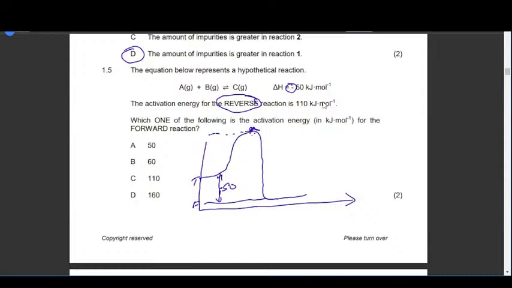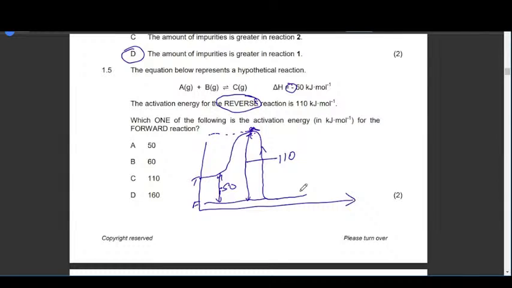So this one becomes the activation energy. You see? And they say that this activation energy for the reverse reaction, when the reaction is going that side, is 110, because I start from low and then I end up in high. Therefore, the activation energy is positive and the enthalpy must be positive.